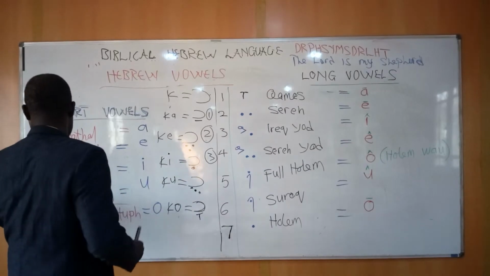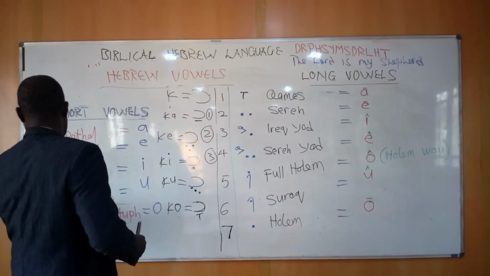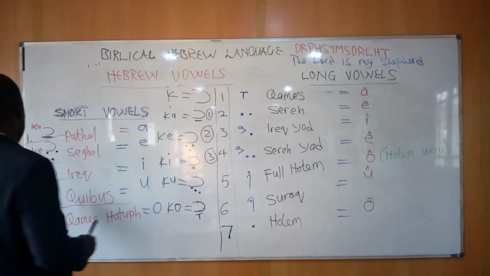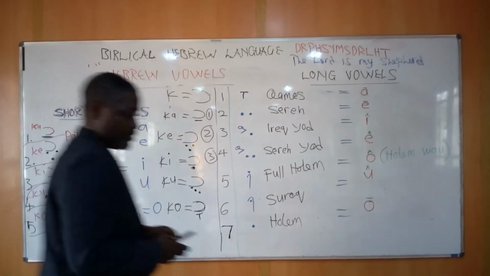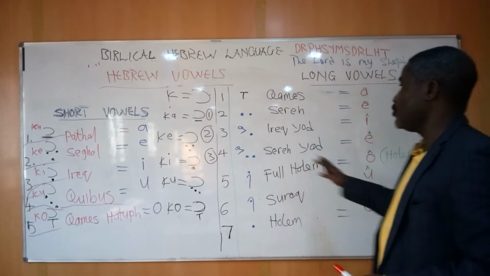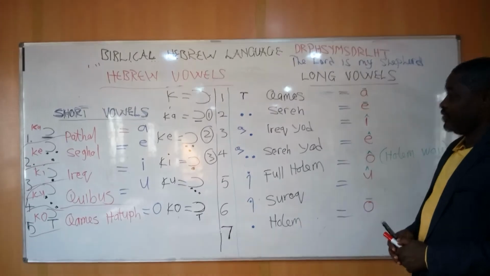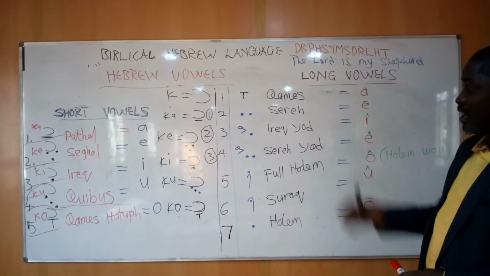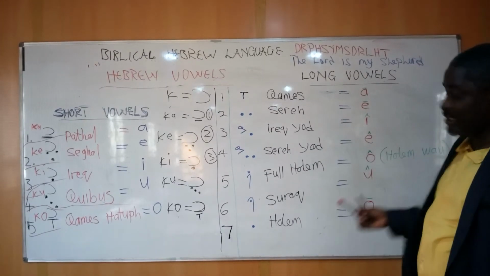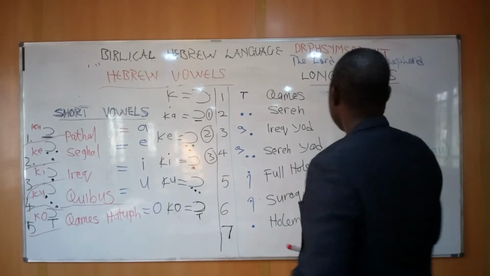You just draw a line so you are able to get what we are seeing here. So that is the way we use the short vowels. They always stay under the letter they govern.